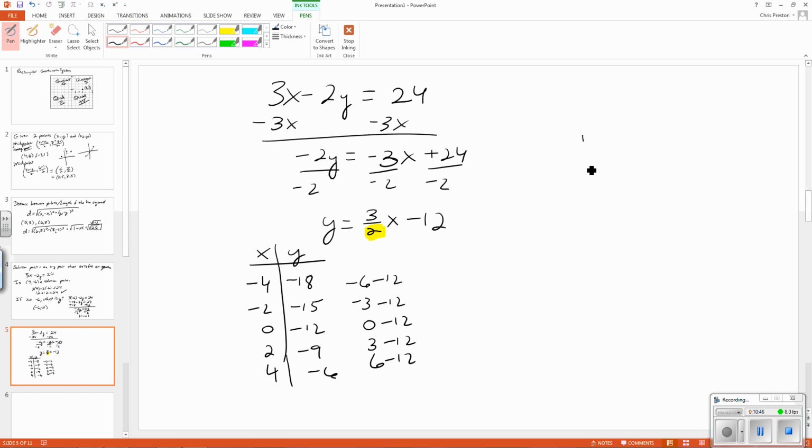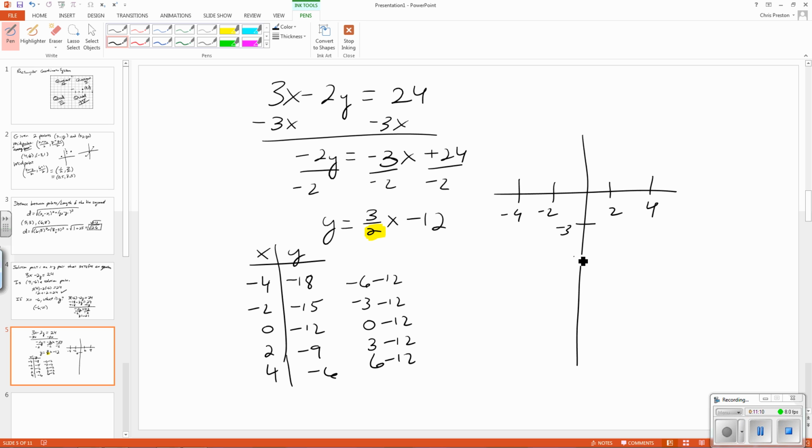If I'm going to graph that, here, -4, -2, 2, 4. One thing to keep in mind is you don't actually have to keep your scale the same on both axes, but if you know about graphing certain types of equations, maybe you might want to. In this case, I'm not going to worry about it.